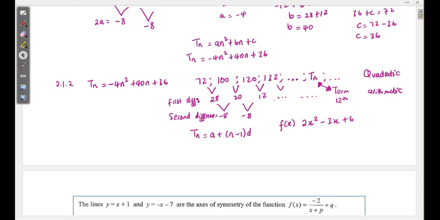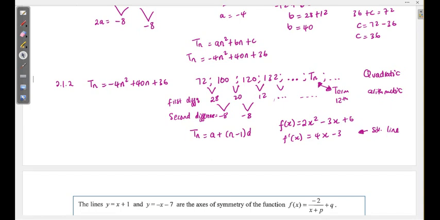When you differentiate this, you get 4x minus 3. What type of graph is this? Isn't it a straight line? And a straight line corresponds to an arithmetic sequence. You understand me?